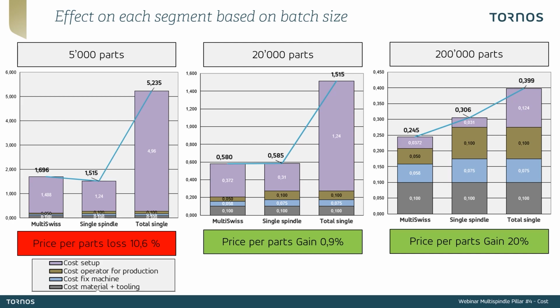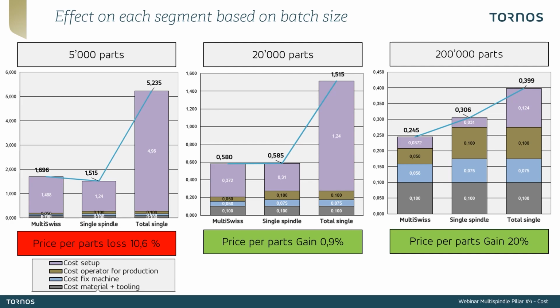We see in the middle that at 20,000 parts, the price per part, 58 cents versus 58.5 cents, is about the same. And the column on the right side is how many single spindles you need to have the same capacity in terms of production.